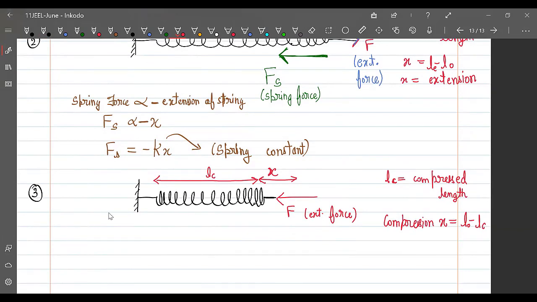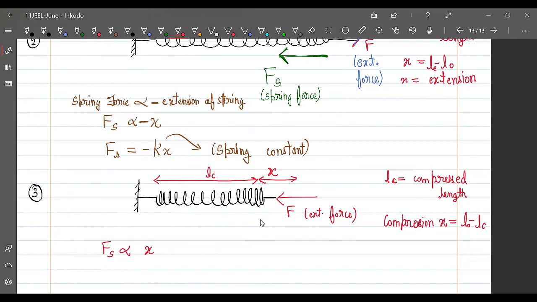If you again want to write the spring force, the magnitude is proportional to the displacement. The compression is towards the left because you're compressing from this point to this point.